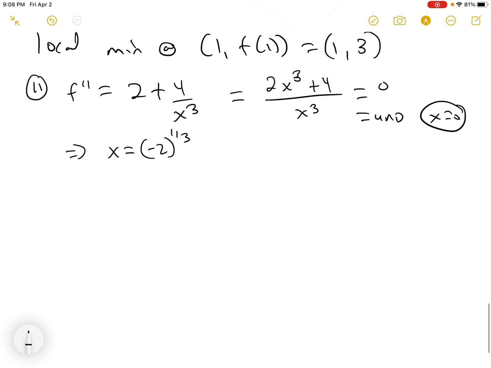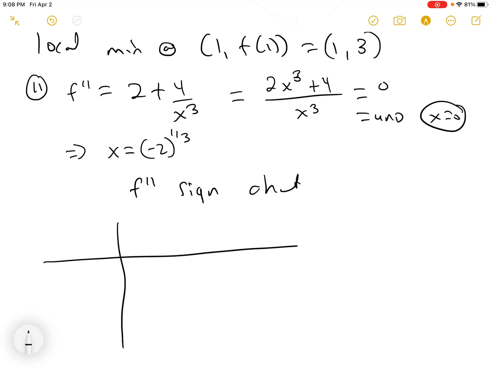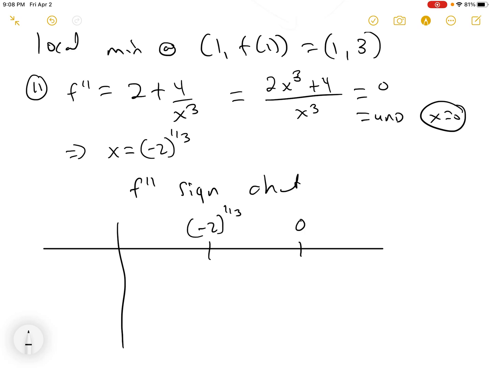So we make an f double prime sign chart. We got 0, and we have this funky number here. So 2x cubed plus 4, and x cubed. So this guy's positive to the right, negative here.